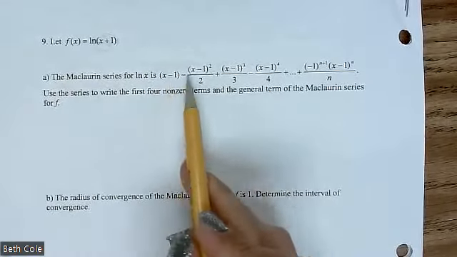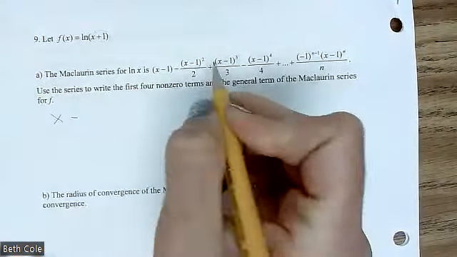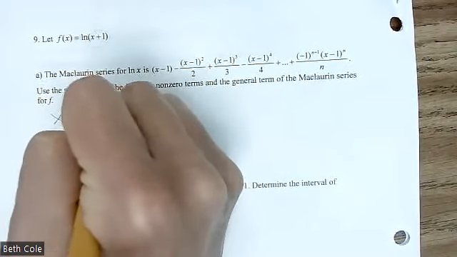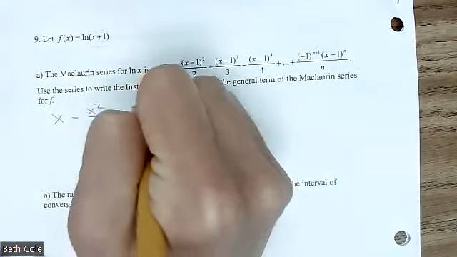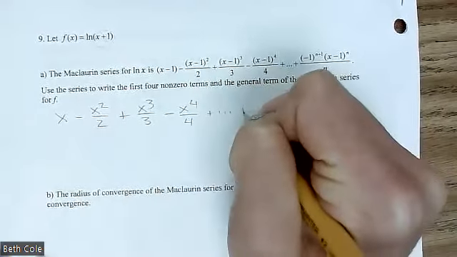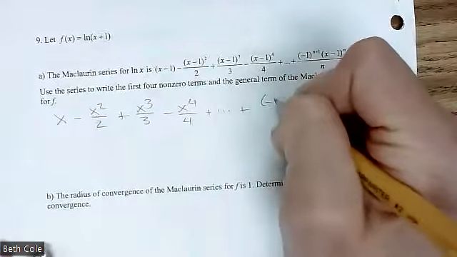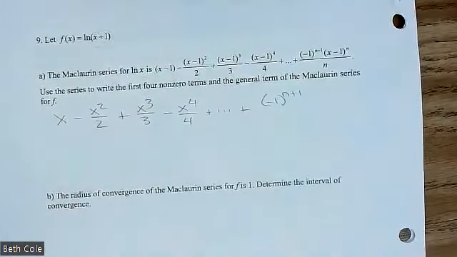Like you would have x plus 1 minus 1 and x plus 1 minus 1. So it's just going to be x minus x squared over 2 plus x cubed over 3 minus x to the 4th over 4. And then we're going to write the general term. So it alternates. You'll need that -1 to the n plus 1.